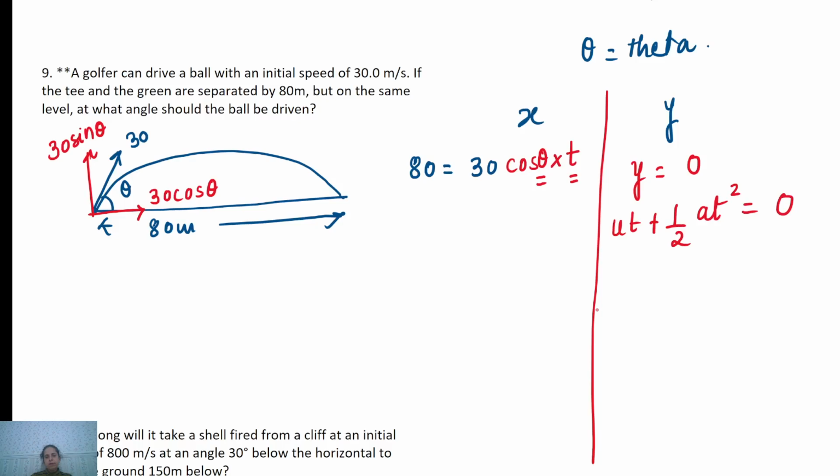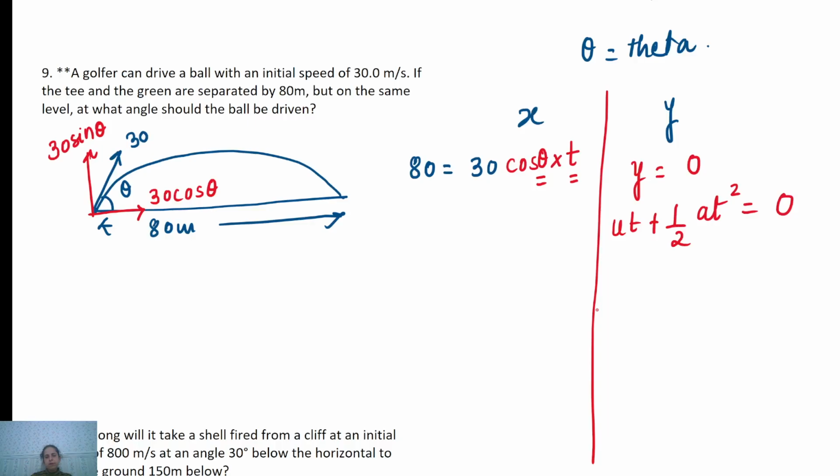This 2 and 2 do not cancel. So 80 equals 180 times sine 2 theta divided by 2. If I simplify this, 80 times 2 divided by 180 is sine 2 theta. Cancel 4, 9. So my sine 2 theta is coming as 8 over 9.